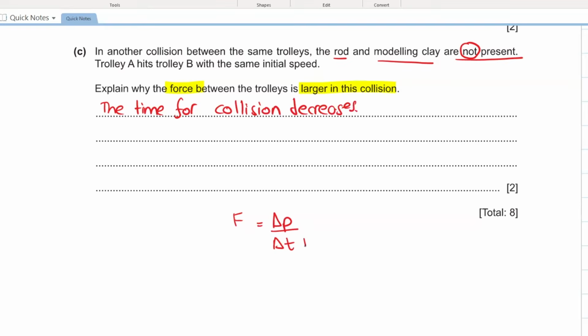And as the time for collision decreases, the force increases. Hence, the force increases. And this marks the end of the first question.